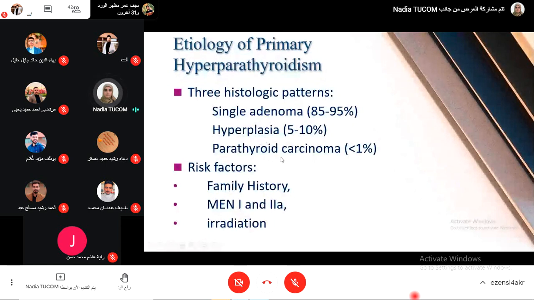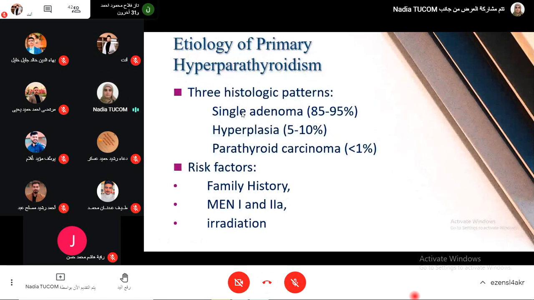There is certain family history in primary hyperparathyroidism. When we say primary, we mean an endogenous cause. Primary means endogenous cause, meaning there is an adenoma, a neoplastic process that secretes excess PTH. This is the most common cause: a single adenoma, neoplastic proliferation in the parathyroid gland secreting excess PTH, independent of the level of calcium.